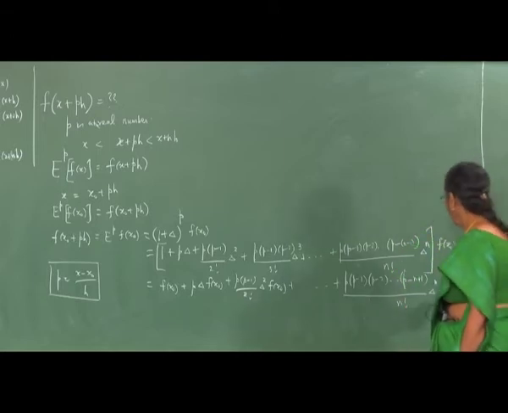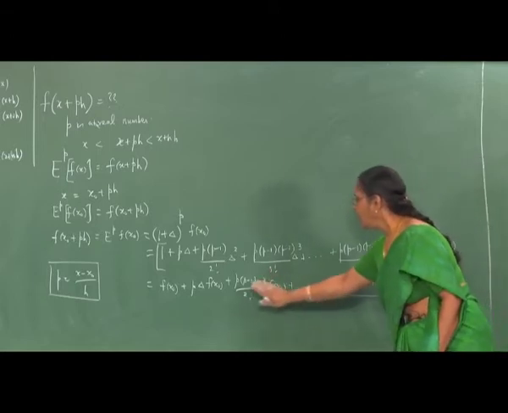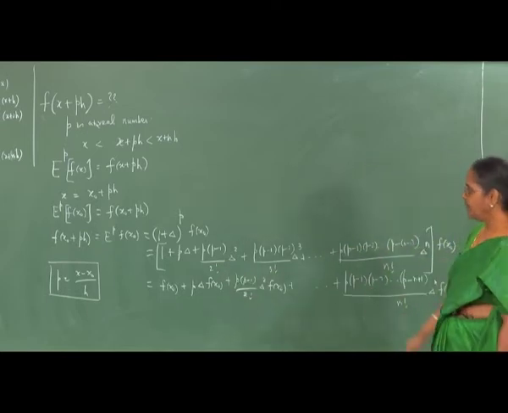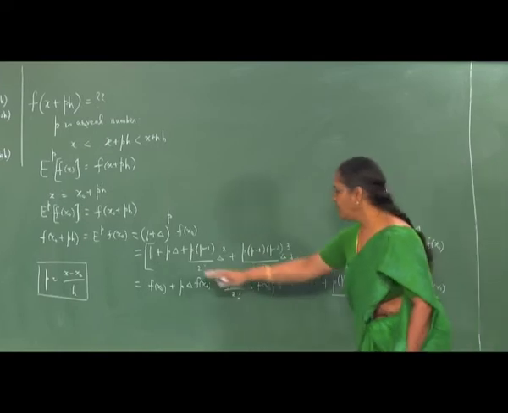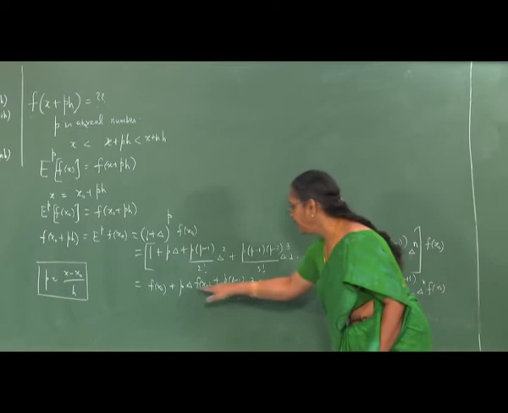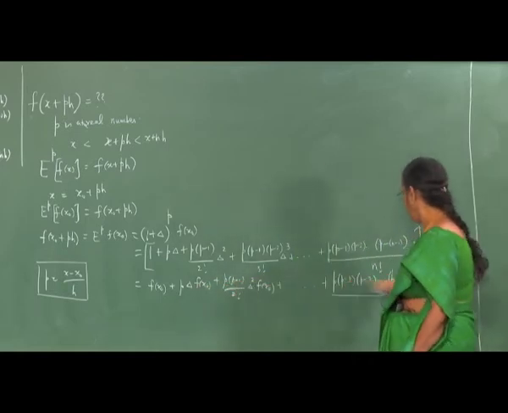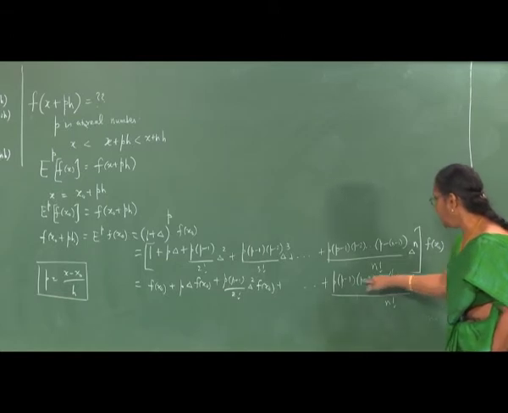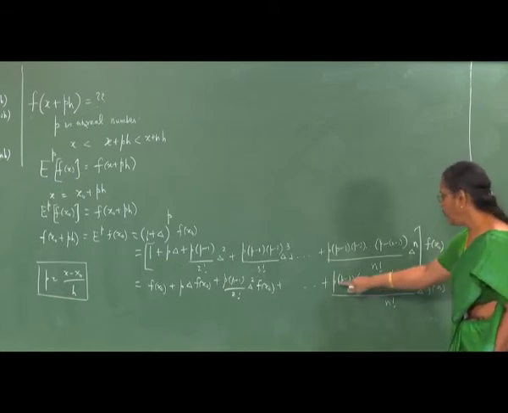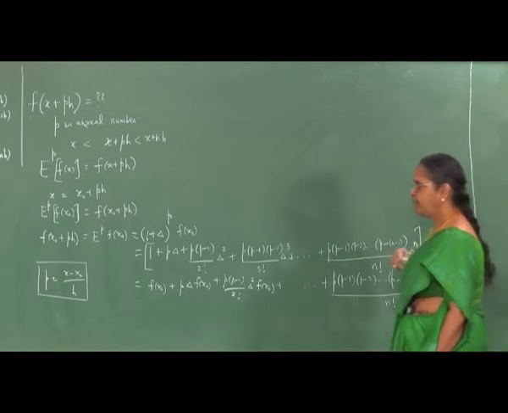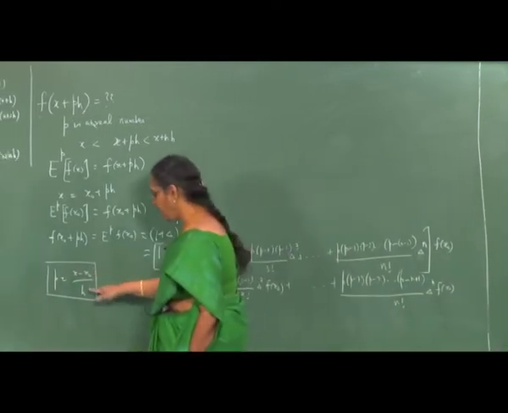So, if I get these various order differences from this table, then I can substitute and arrive at a polynomial in p. You notice that there are n such factors, so it is going to be a polynomial in p of degree n, but p is x minus x naught by h.